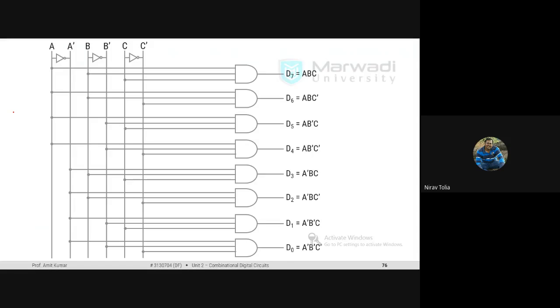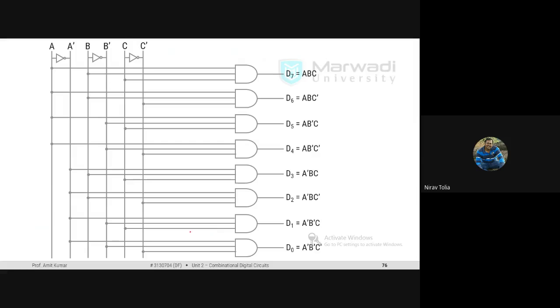So this is the logic diagram of the 3 cross 8 decoder, or you can say 3-line to 8-line decoder.